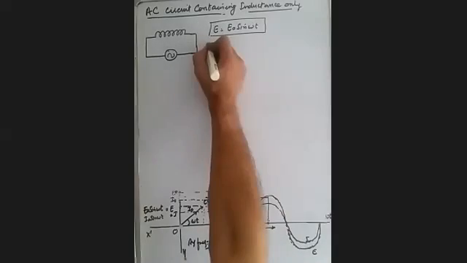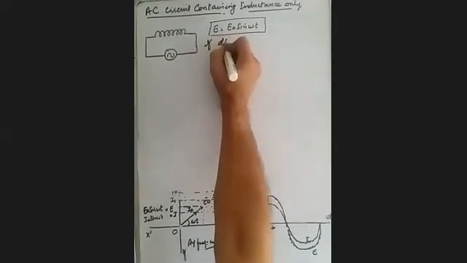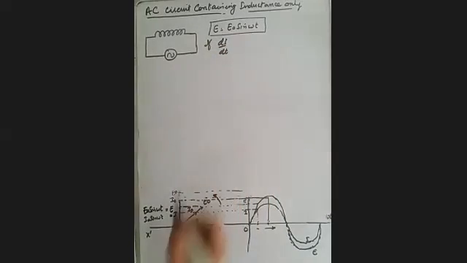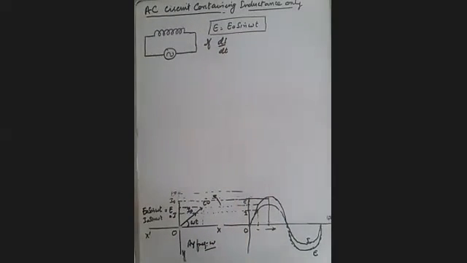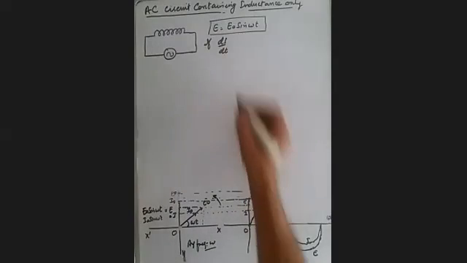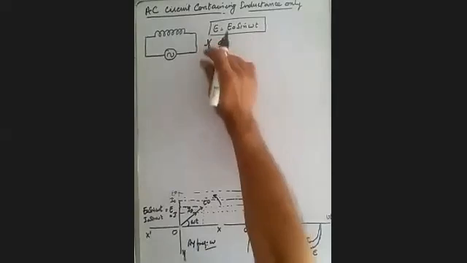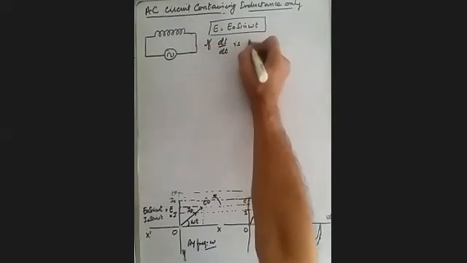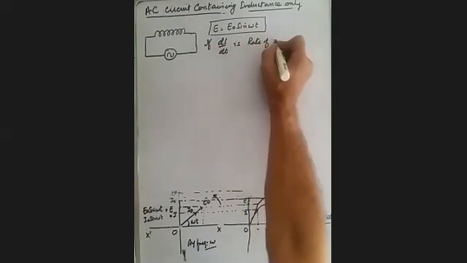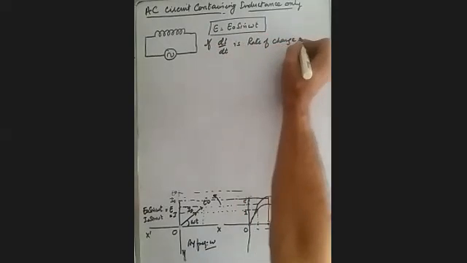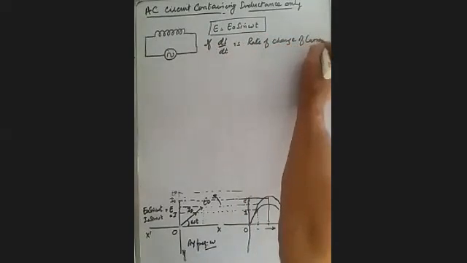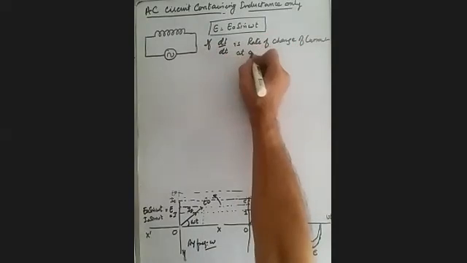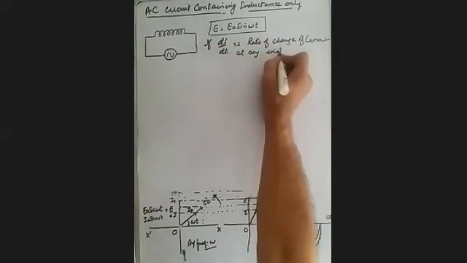Now di by dt is the rate of change of current through L at any instant.